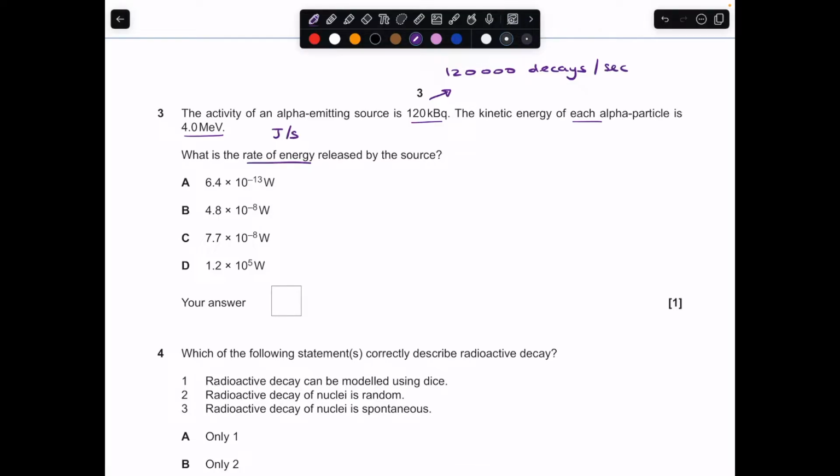But they have to be in the right units, so the mega electron volts must be converted into joules. We first convert it into electron volts by multiplying by a million, as mega means million, and then by 1.6 times 10 to the minus 19, which gives the amount of energy in joules. Then multiply this by 120,000 decays per second. So that ends up giving us the answer as C.